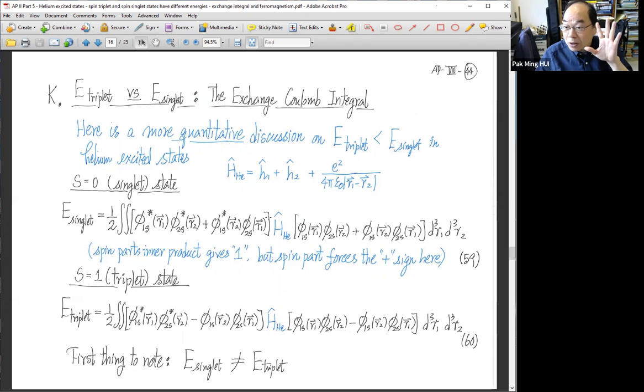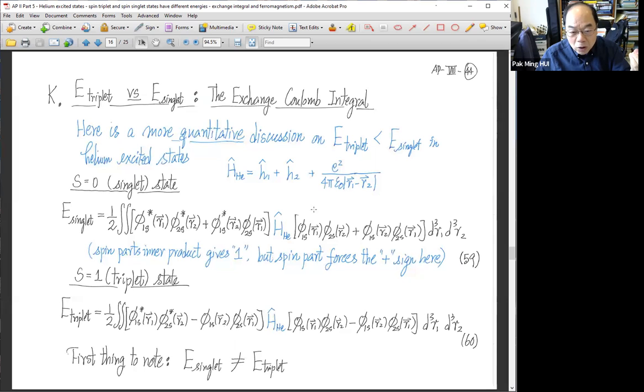So what we are going to do is very simple in physics concept. We want to look for the triplet excited state energy and the singlet excited state energy. That's easy, right? We know the wave function, the spatial part times the spin part.